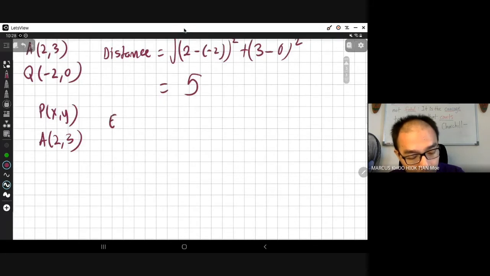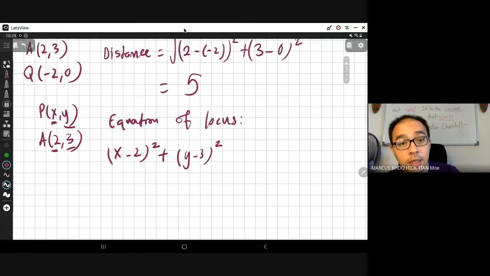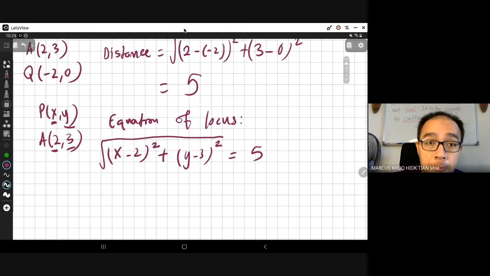To find the equation of the locus, the equation will be the square root of (x minus 2) squared plus (y minus 3) squared equals 5. It's the same thing as we did for the first question. That's the only difference between the first question and this one: this question, they never give you the distance, so you have to take another extra step to find it. Once you have the distance, you just put it into the equation of the locus.